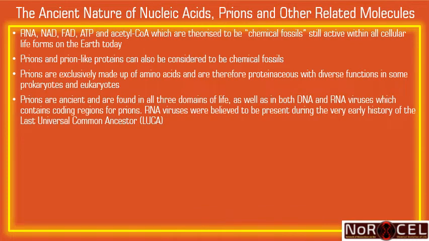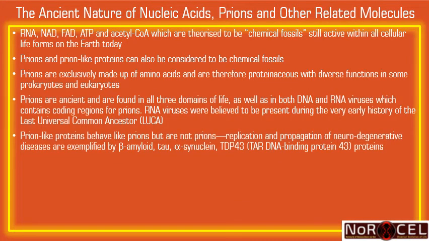Prions are ancient and are found in all three domains of life, as well as in both DNA and RNA viruses, which contain coding regions for prions. RNA viruses were believed to be present during the very early history of the last universal common ancestor.